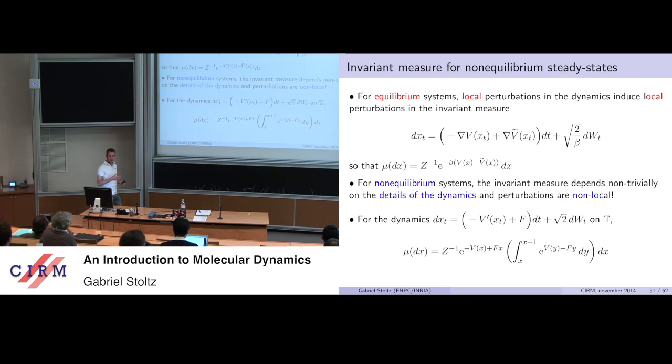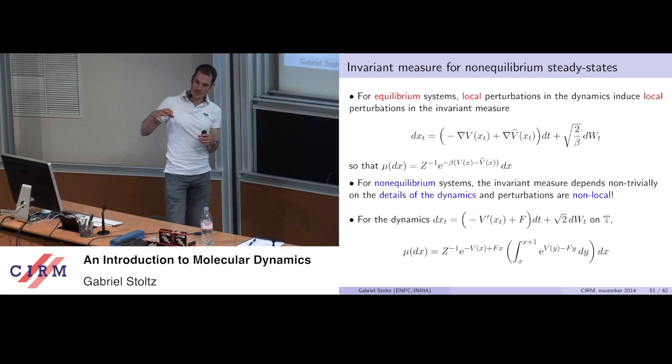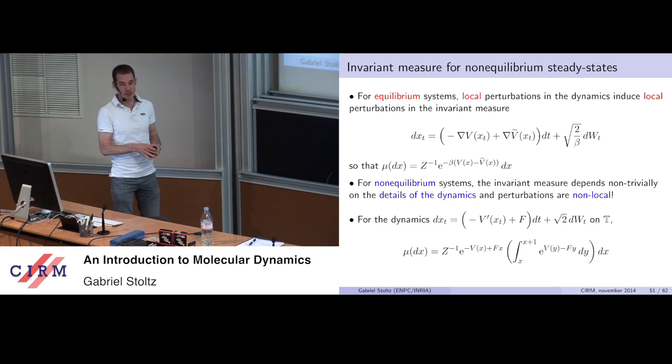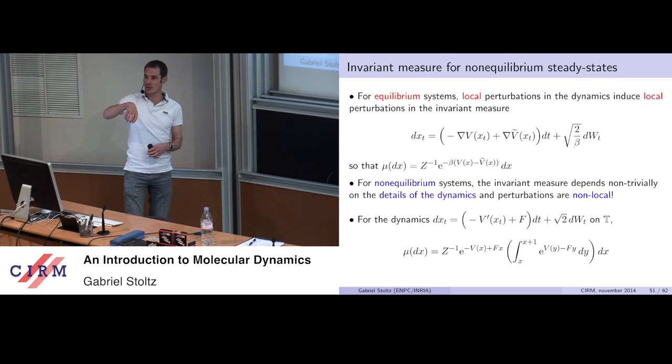From a physical viewpoint, it can be understood by the fact that this forcing term f allows information to pass from one side of the system to the other, so what you modify here has an impact on the other side as well, which is not the case for equilibrium dynamics, which are more or less very local things.